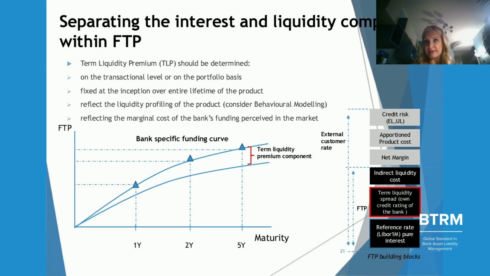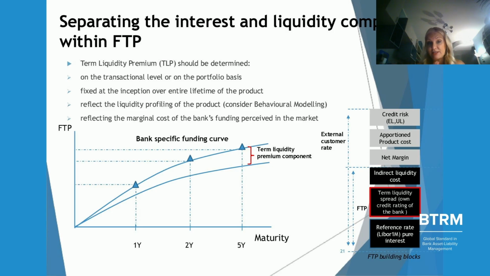So you will be using the tool which is incentive premium. You will be applying some kind of malus or some kind of negative incentive to the product, so they will be paying more. So you will be basically charging them with higher FTP. Because you want to see certain behavior, you will be steering your balance sheet to achieve certain behaviors.